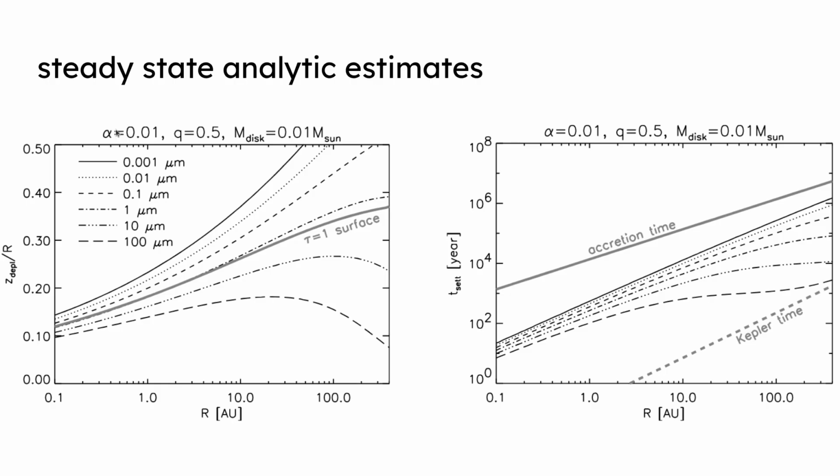And yeah, so what do we see here? There are two things that they take away from here. First, for some of the dust sizes, you see that this line at some point decreases with radius. So this is kind of a hint at the possibility of self-shadowing.